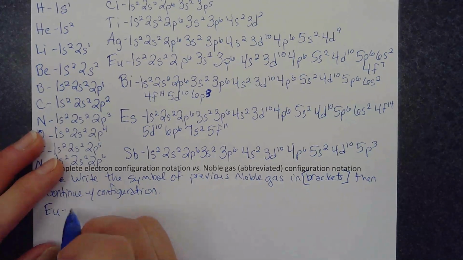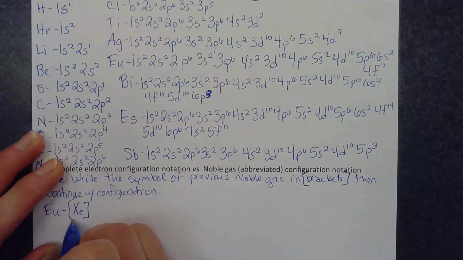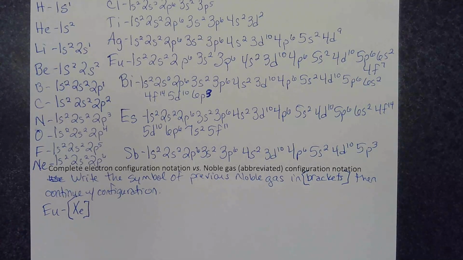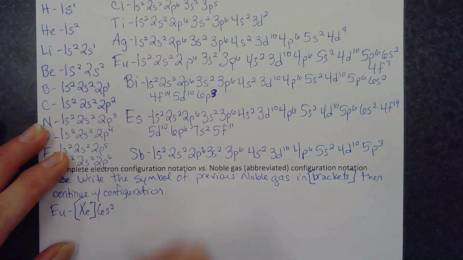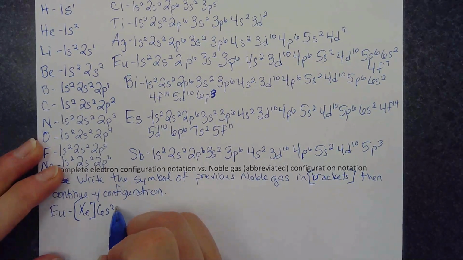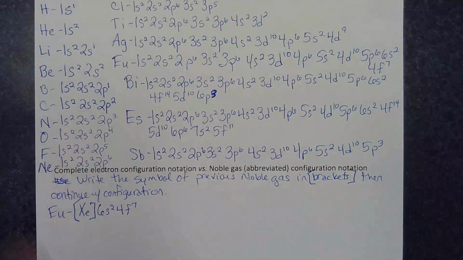So you put the symbol for xenon in brackets, and then you go to europium. So what's next? 6s2. And then what? 4f7. That's exactly right. Isn't that a lot faster?